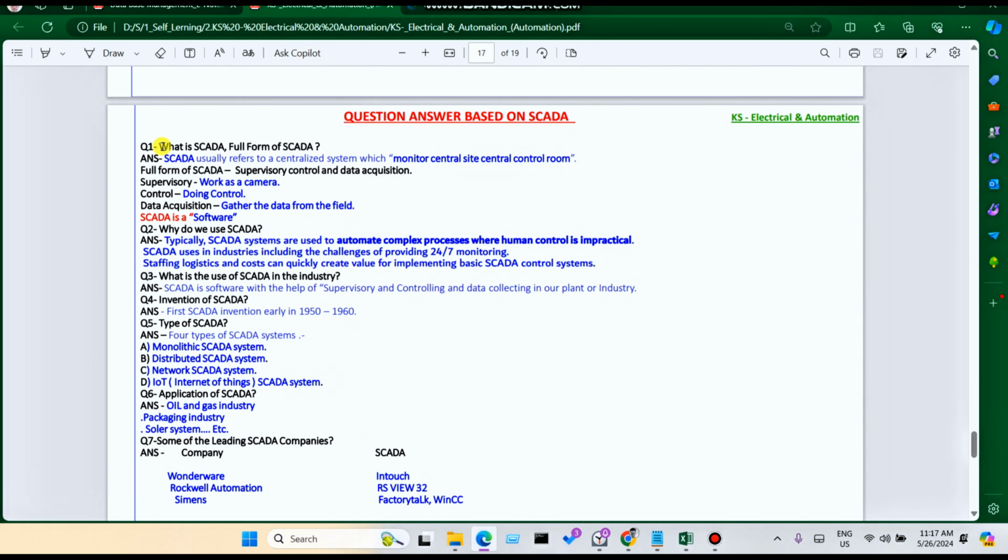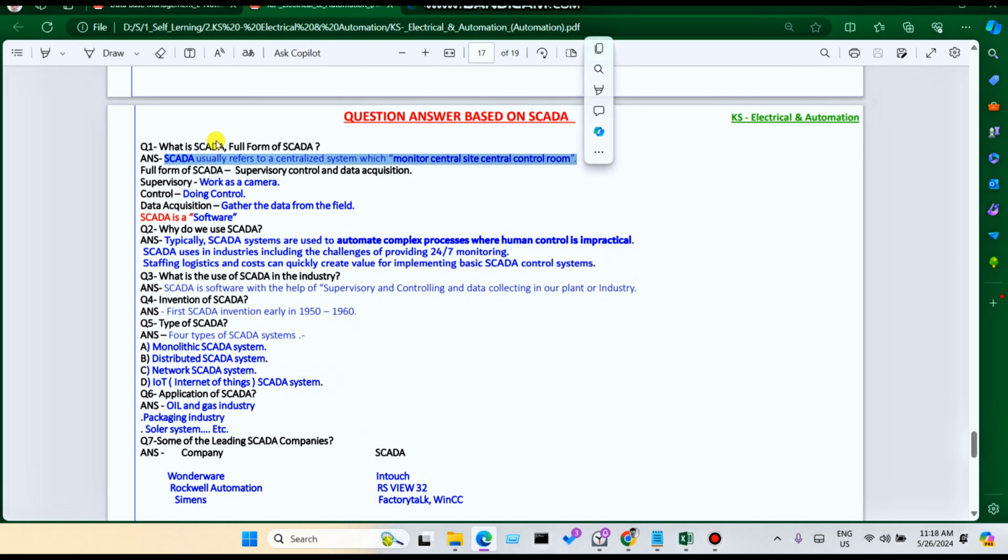First, what is SCADA? SCADA usually refers to a centralized system which monitors a central site from a central control room.